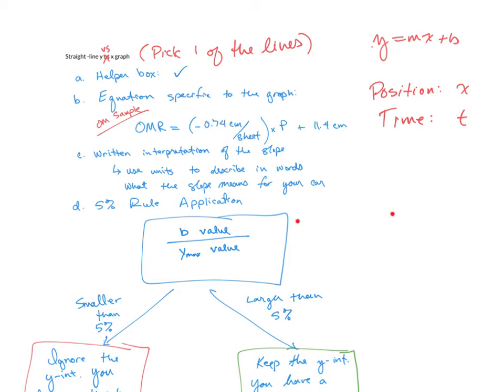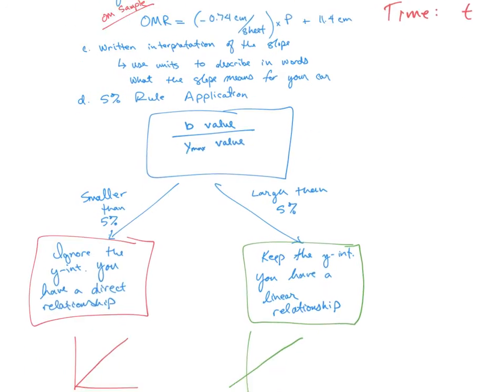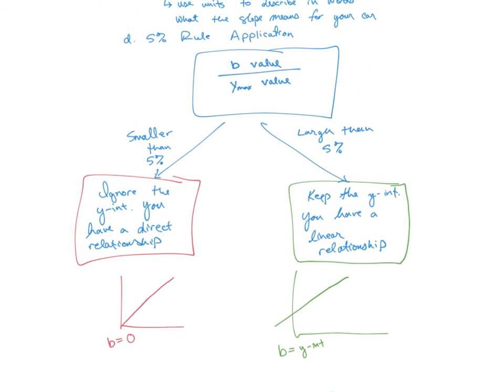I still had a lot of questions about the 5% rule. This is the little decision-making tree that you can use to help you understand whether you should apply the 5% rule or not. You look at your graph. Logger Pro will give you some number for B. Because you don't have perfect data, you're going to have a B value. It might be super tiny, like 0.00456 meters or something like that.